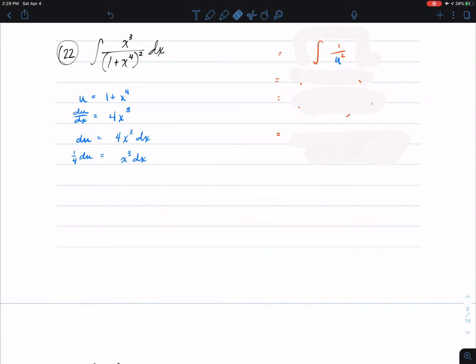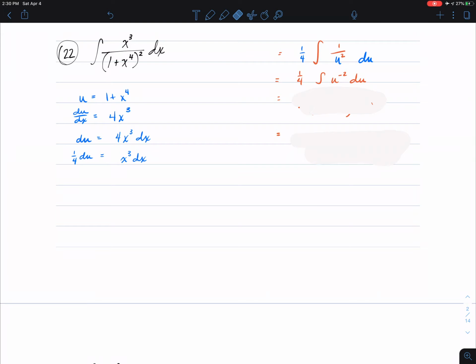So I've already substituted in my u. Let's go ahead and substitute in for our x cubed and our dx, and we're going to replace those with a 1/4 and a du. Here's where I actually, sorry about this, went and put my u on the top, made it with a negative power.